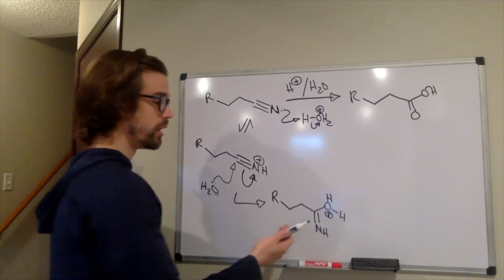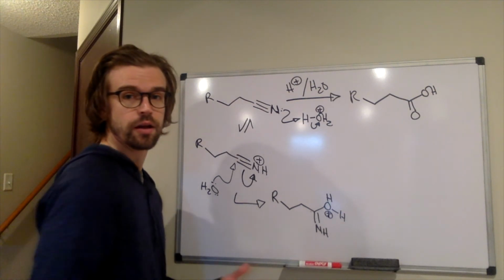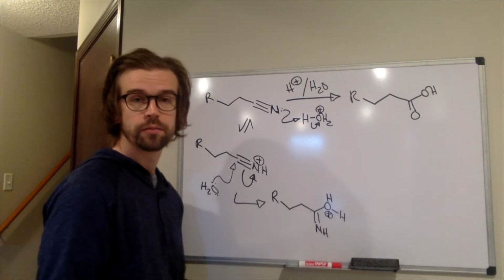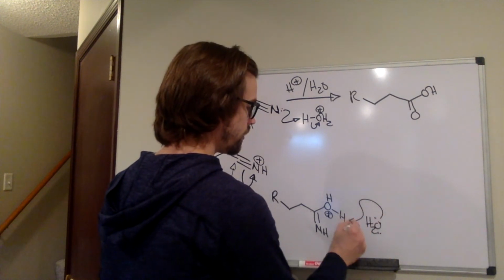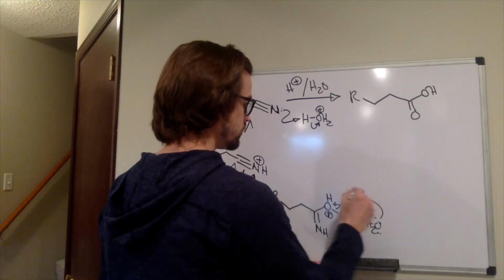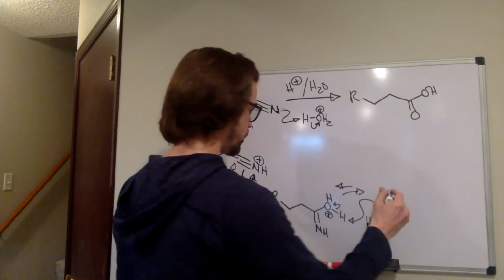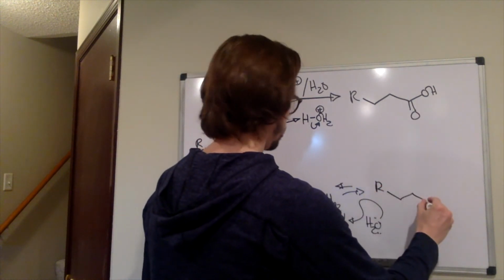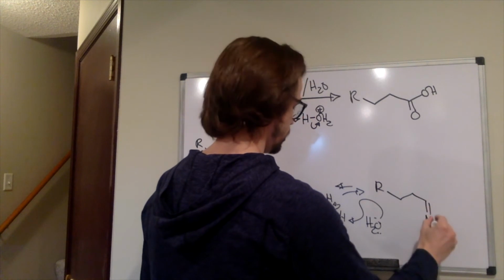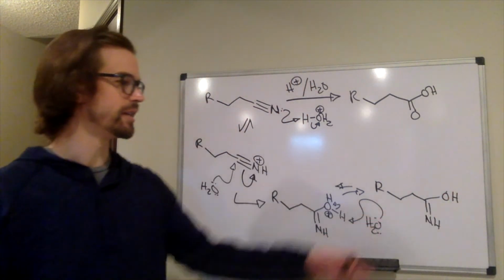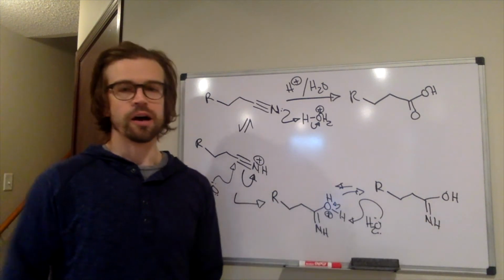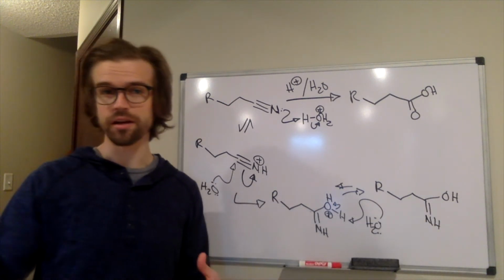This is going to be really acidic. If there's something moderately basic in solution, it's going to pull that proton off. Water could do that. Again, an equilibrium reaction. And at this point, what I want you guys to think about is this is essentially really similar to a keto-enol tautomerization.